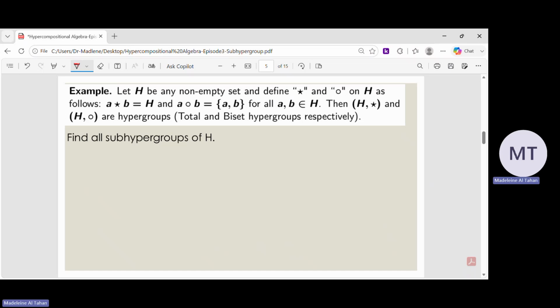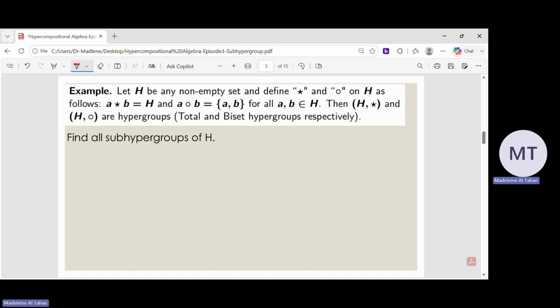Now let's start with some examples. In the previous episode, we explained two hypergroups, the total hypergroup and the biset hypergroup. We'll consider these two and try to find their subhypergroups. So let's start first with the biset hypergroup.